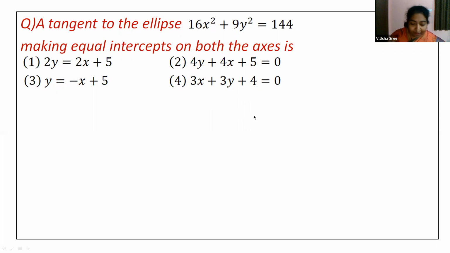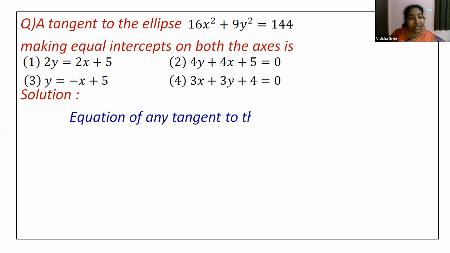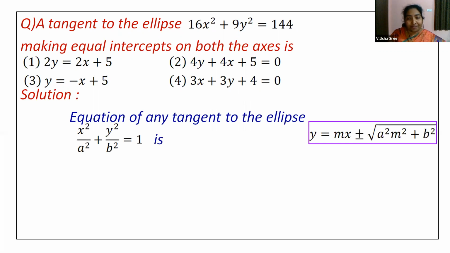Now for this one, we will go for the simplification, children. The equation of any tangent to the ellipse x²/a² + y²/b² = 1 is, you have a formula I was mentioning, other than the condition we have taken right in the beginning of this session: y = mx ± √(a²m² + b²).